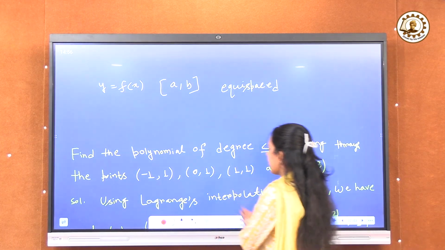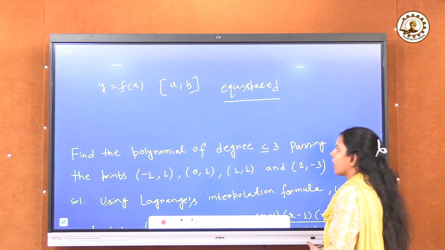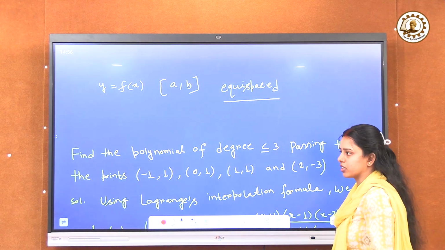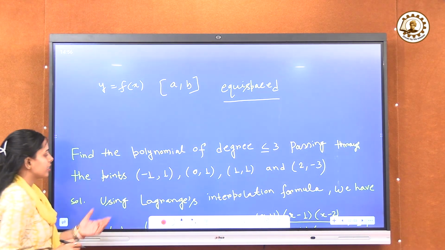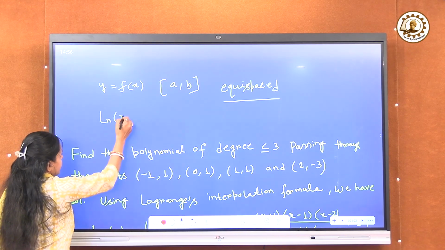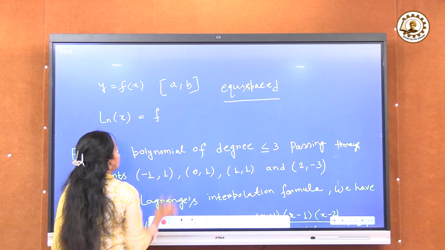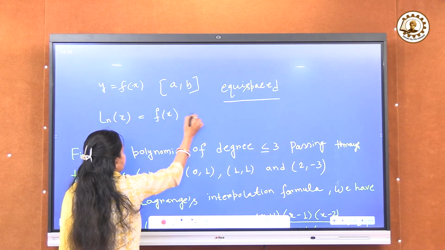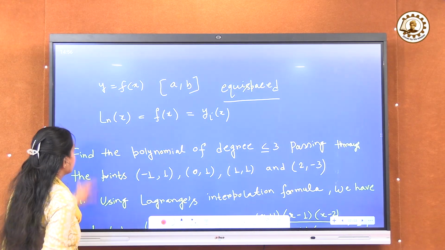But here in Lagrange's interpolation formula, it is not necessarily equispaced. It is also applied for unequispaced points. So here, let us take a polynomial, denoted by Ln(x). We denote f(x), and f(x) is equal to y(x).